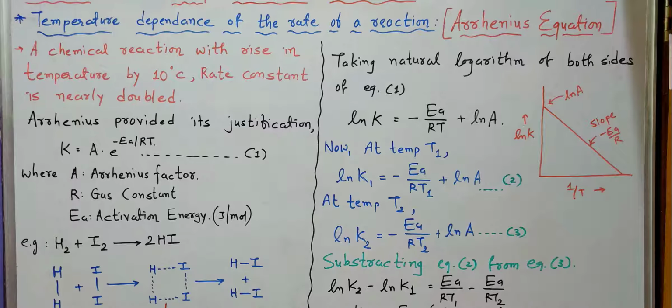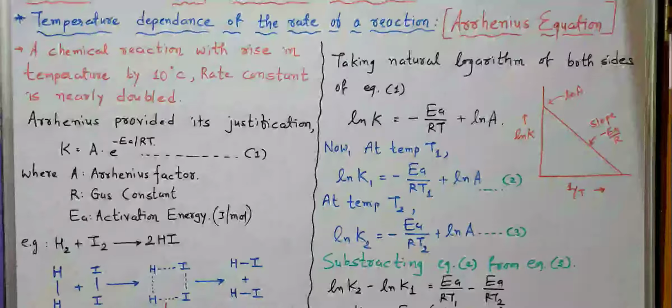Our equation 1 becomes ln k is equal to minus Ea upon RT plus ln A. You have to plot the graph between ln k and 1 by T. So you will get the intercept as ln A, and the value of slope is minus Ea upon R. This graph will also give a straight line, as in zero order and first order reactions.